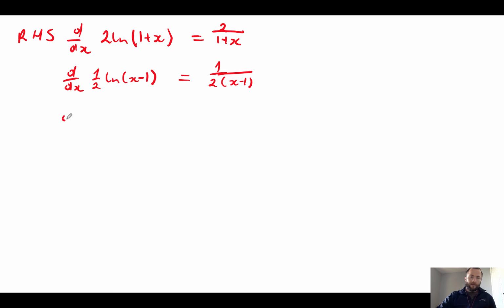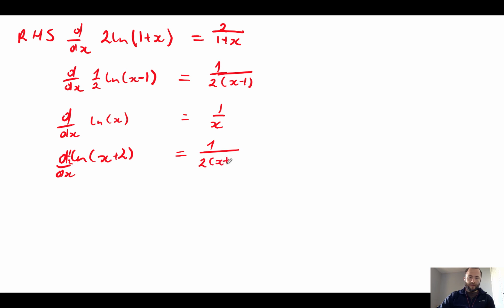Then we're dealing with d dx of ln of x, which is simply 1 over x, and d dx of ln of x plus 2, and actually that's half. Half goes over here, half ln of x plus 2, and that is going to turn into 1 over 2 by x plus 2.